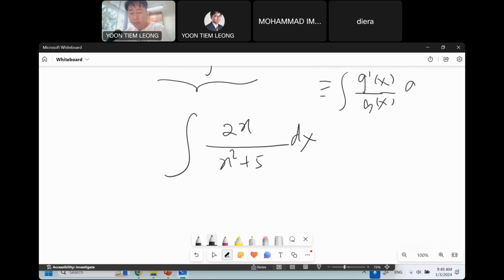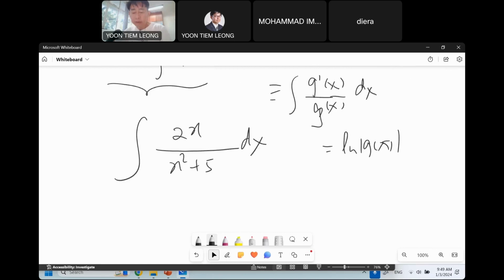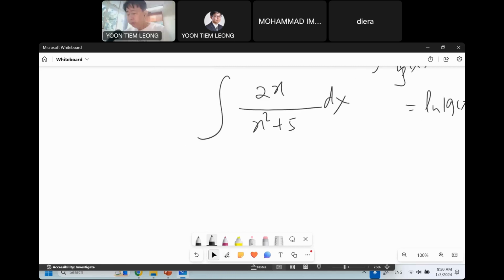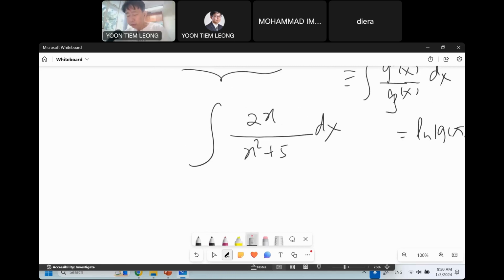Anytime you can express an integral in the form of the ratio of the derivative divided by the original function, then you can easily write down the result of the integration as the absolute value of the logarithm. So here it is understood that 2x is just the derivative of the function x squared plus 5.